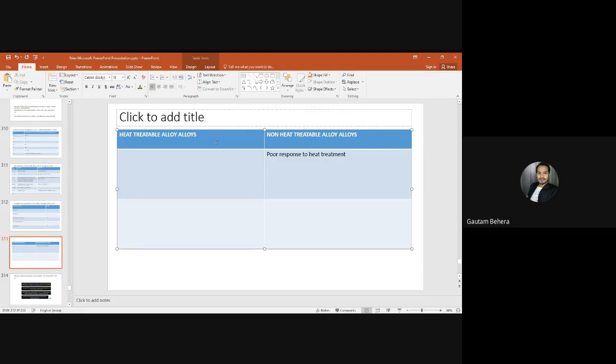Here, the strength shows very good response to heat treatment. That means strength is improved upon suitable heat treatment.